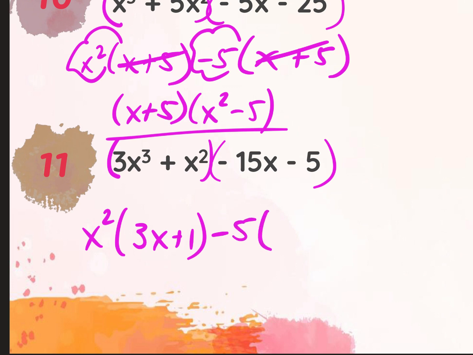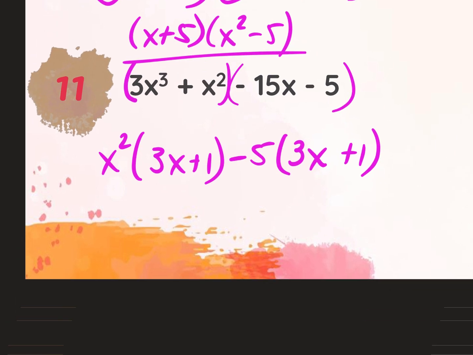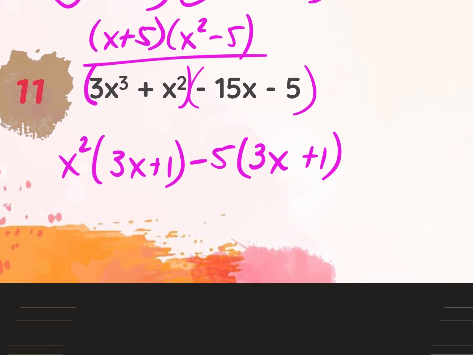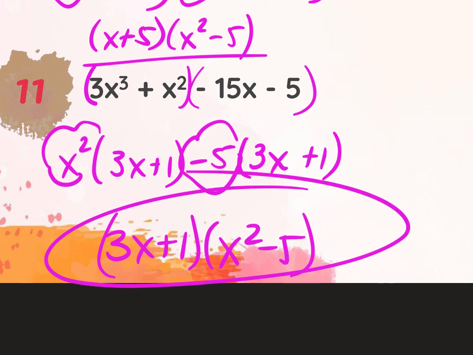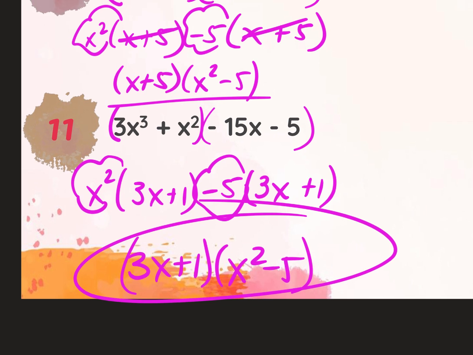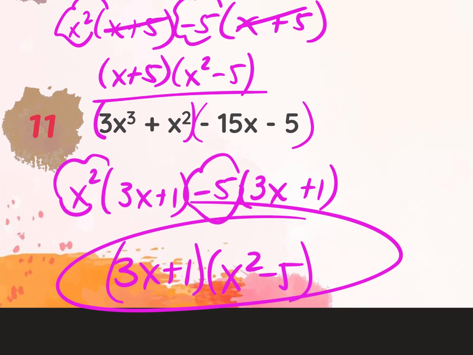What's negative 15x divided by negative 5? It's 3x, right? And then negative 5 divided by negative 5 is? There you go. Are my 2 parentheses that I took out the same? Yes, so I'm going to write it one time out in front. And then my leftovers get their own home. Questions? You guys okay?